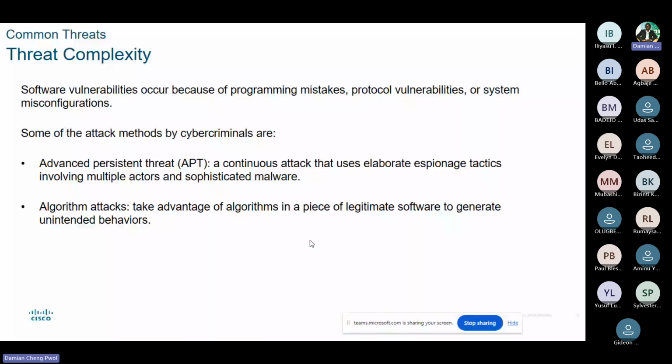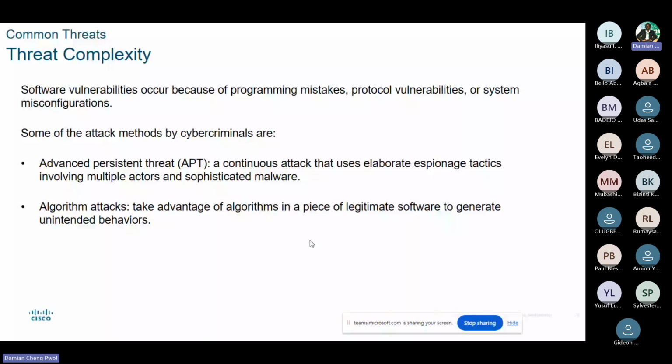Some of the attack methods by cyber criminals are advanced persistent threats, APT, a continuous attack that uses elaborate espionage tactics involving multiple actors and sophisticated malware. These kinds of attacks are usually common where you hear China made an attempt to attack the US government server.